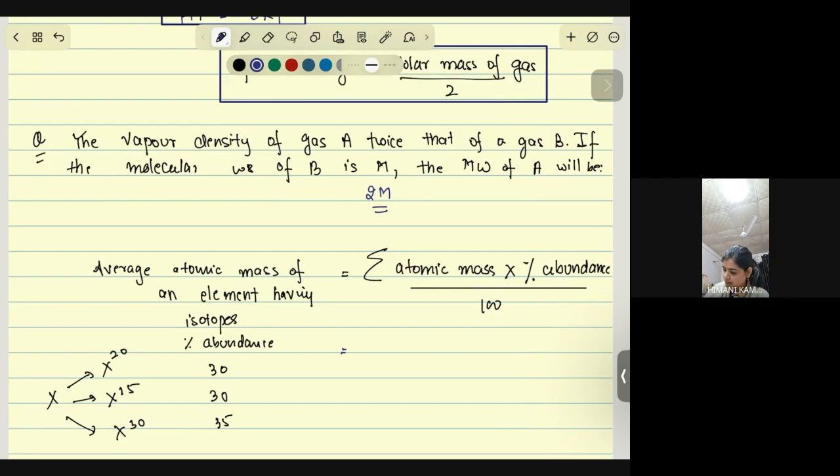That is, 20 into 30 plus 25 into 30 plus 30 into 35, divided by 100. Solving this, you will get the average atomic mass of an element having isotopes, which will be 25.5.